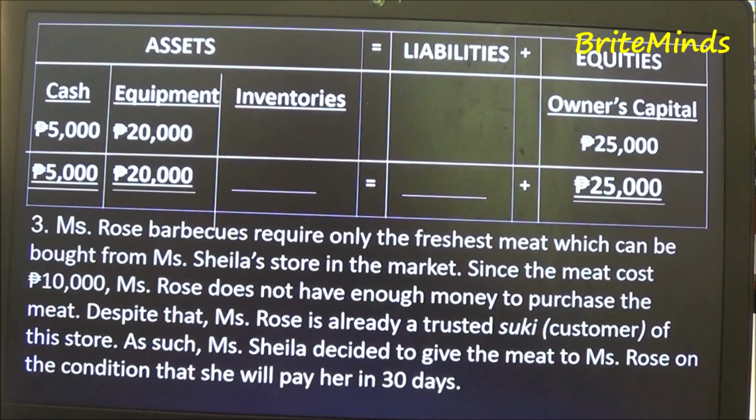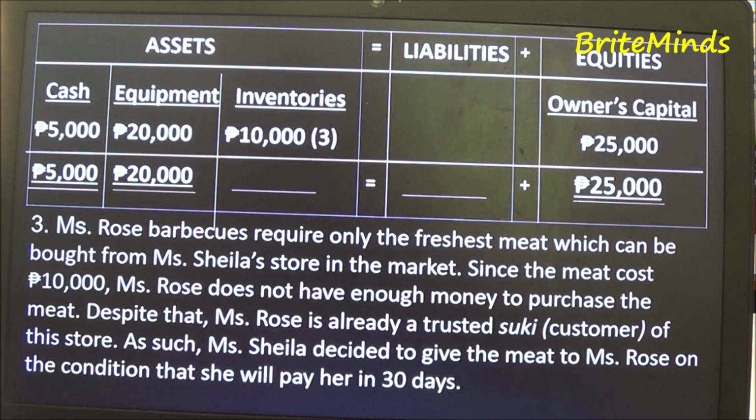Inventories can be raw materials, work in process, or finished goods. So the meat represents the raw material. The meat costs 10,000 pesos, so the assets increased because of the inventories.